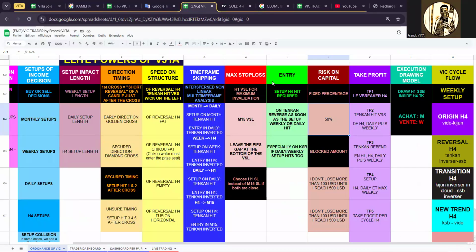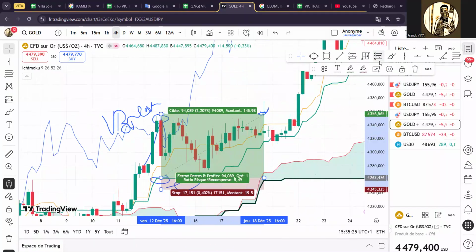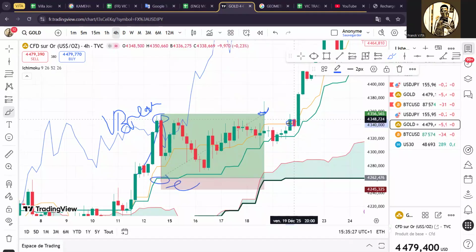Now the second take profit is the Tenkan hitting the VRS. When Tenkan arrives around here, and then Tenkan touches this wick of the candles, it is your second take profit.